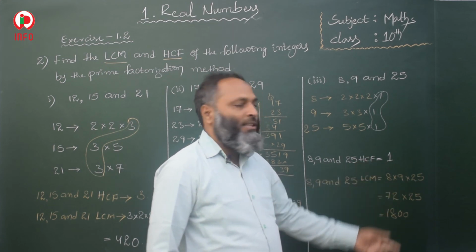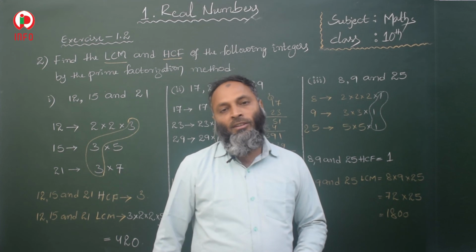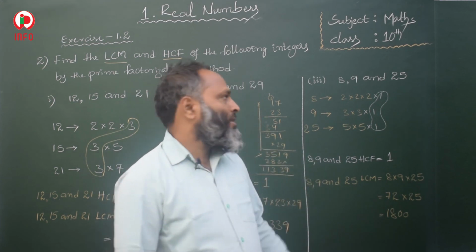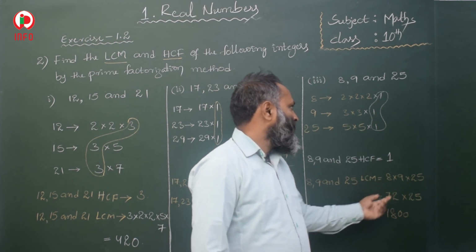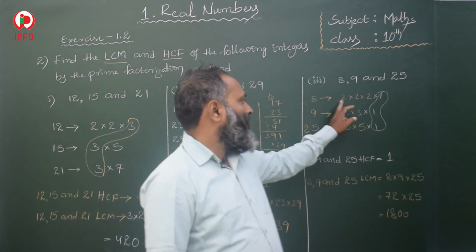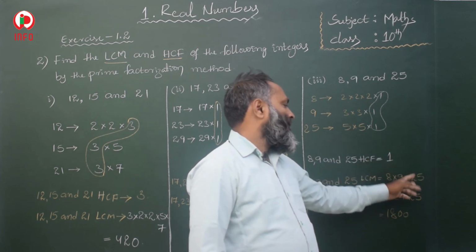This is our HCF. HCF means if nothing is common in all three, then 1 we should take as common. Then LCM means after taking all, whatever elements are left, we should find their product. How? 2 into 2 into 2, that is 8. 3 into 3, that is 9. 5 into 5, 25.